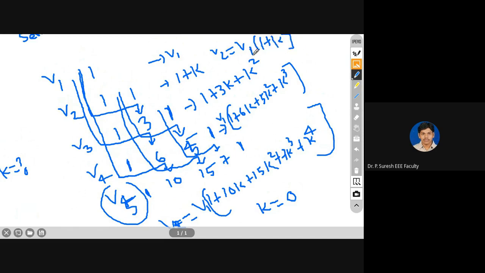What is the V2 value? V2 equal to V1. What about V3? V3 equal to V1 into K square plus 3K plus 1. When K equal to 0, V3 equal to V1. V4 equal to V1. V5 equal to V1. That means to increase the string efficiency, we need to make K equal to 0 or a very low value.